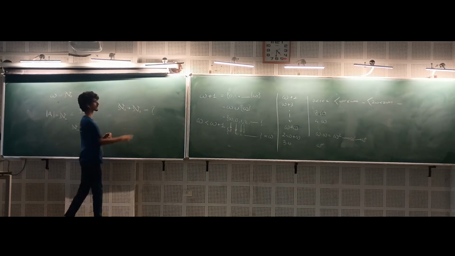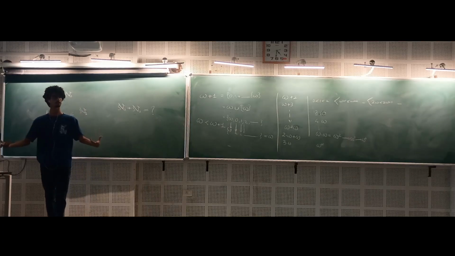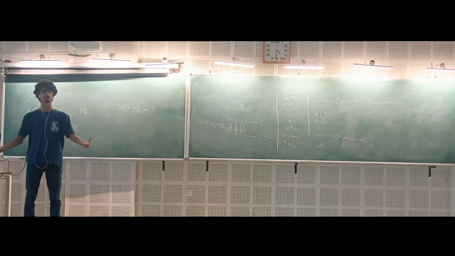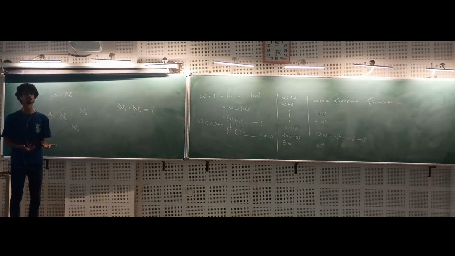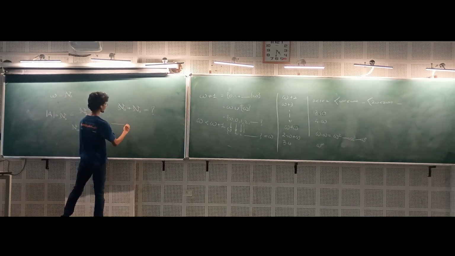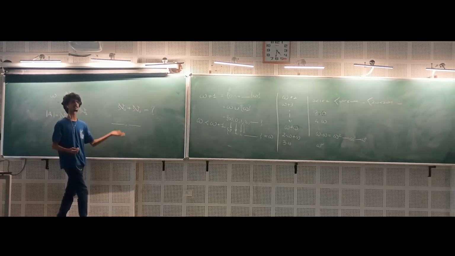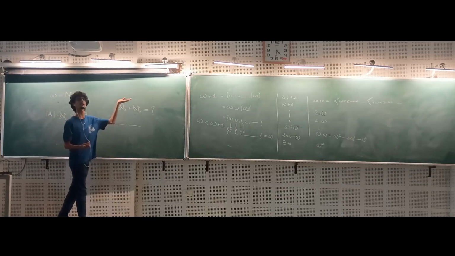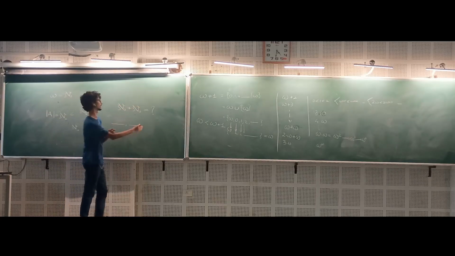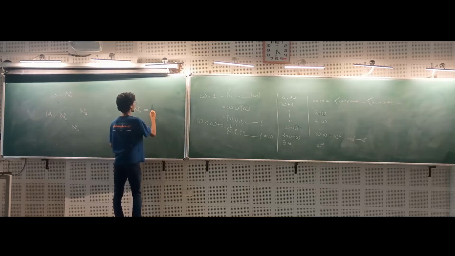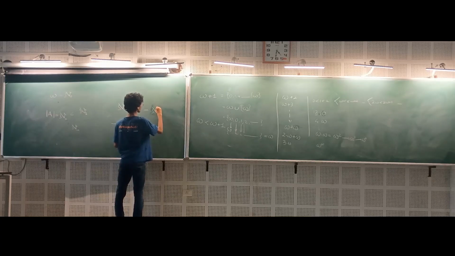Aleph naught plus aleph naught means I take the disjoint union of 2 copies of aleph naught and I see what it is in bijection with. 2 copies of omega, we have already seen 2 times omega. That is again a countable ordinal, so it's in bijection with aleph naught. So this happens to be aleph naught.